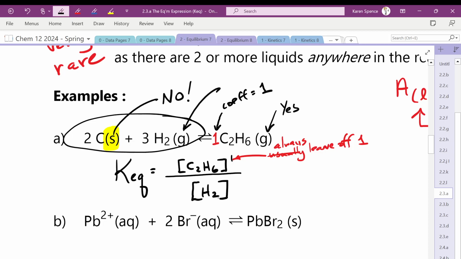And what should we do with that concentration? We should raise it to the power of 3. Okay. One thing I want to make sure, never, never, never write concentration of 3H2.